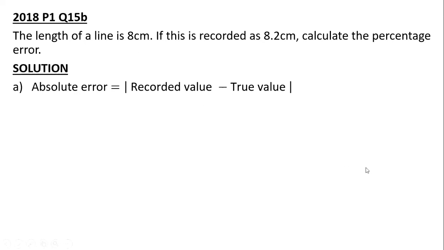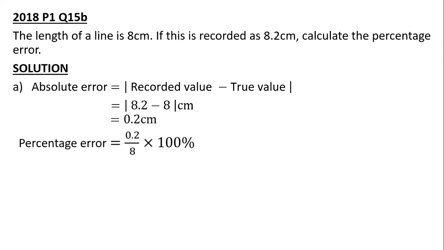So replace. 8.2 minus 8 is giving us 0.2. Then our percentage error is the absolute error over the true value times 100%. So say 0.2 divided by 8 times 100%. So the percentage error was 2.5%.